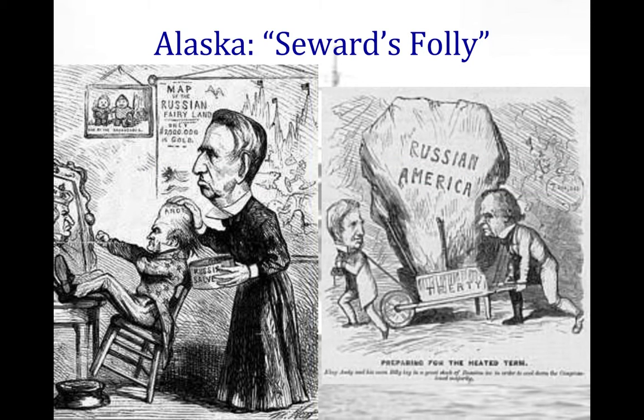So first, like I said earlier, Alaska is the first example of really expanding the U.S. frontier. The acquisition of Alaska was the idea of William Seward, who was the Secretary of State under both Abraham Lincoln and Andrew Johnson. So we're going way back to the 1860s here.